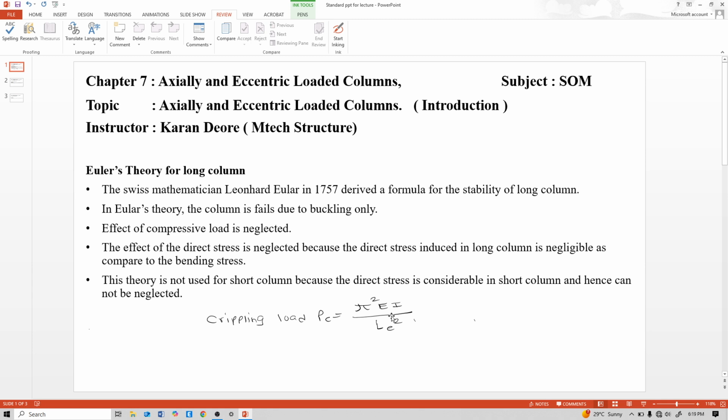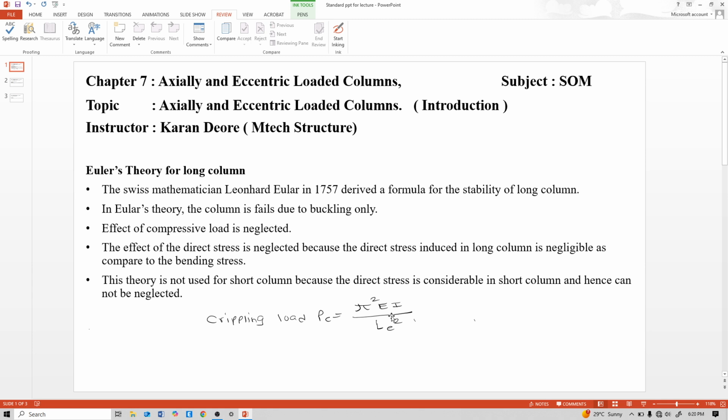I told you that pi square is a constant and E is the modulus of elasticity. In our chapter 1 we had seen the term modulus of elasticity, but we will see it again. The definition of modulus of elasticity or Young's modulus: the ratio of stress to the corresponding strain is a constant, and this ratio is known as modulus of elasticity or Young's modulus.